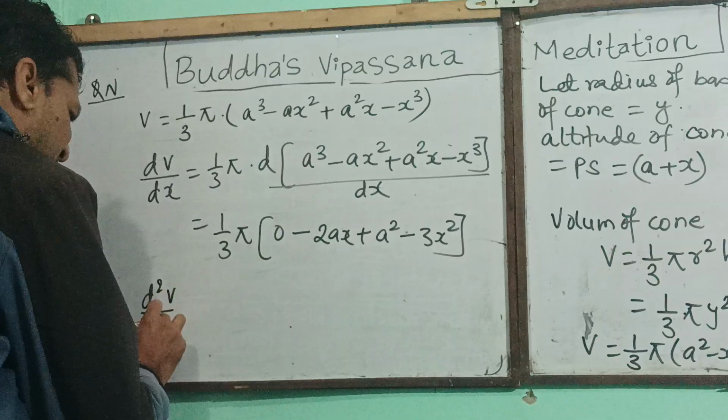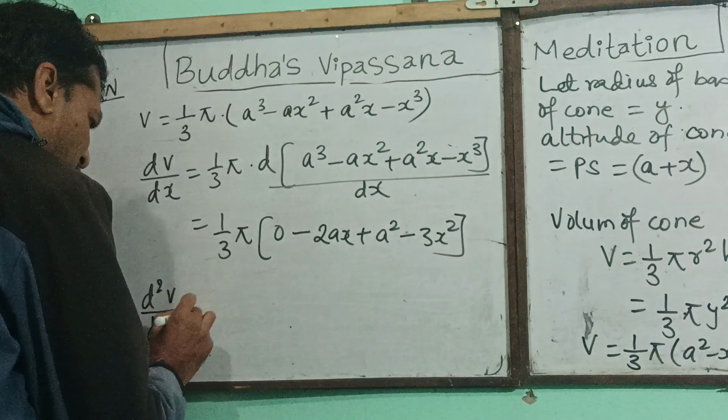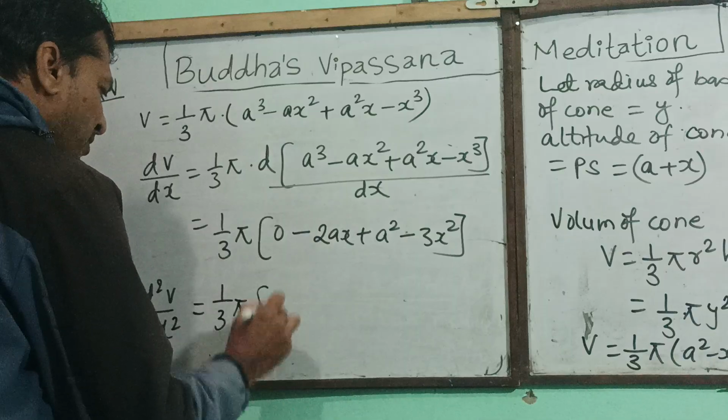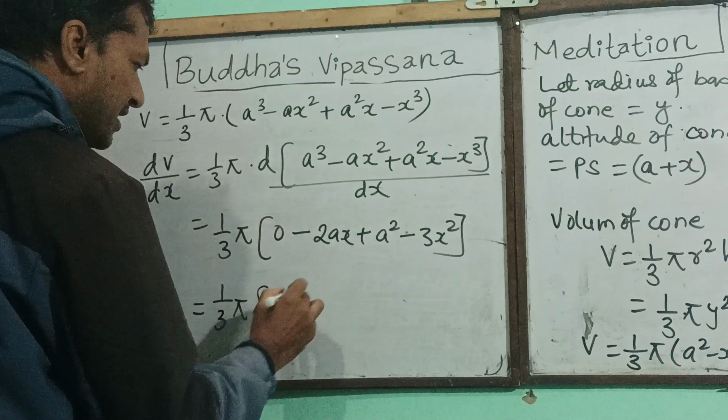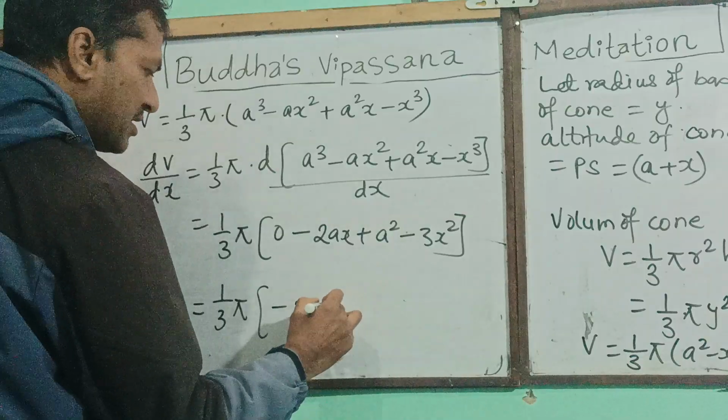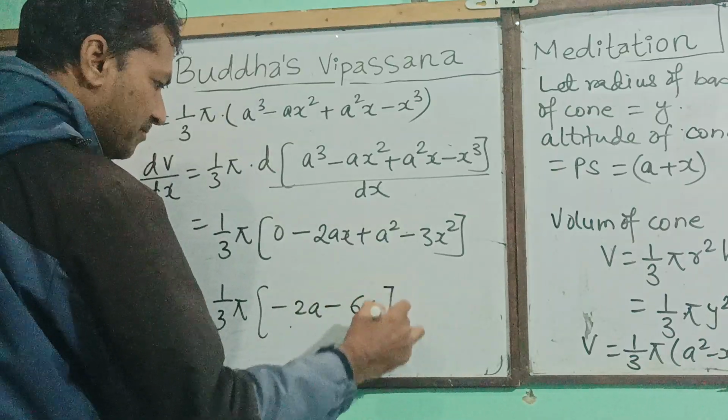d2V upon dx square, we are finding at once only. So this is 1/3 pi, and this one is derivative, we are getting this as minus 2a minus 6x.